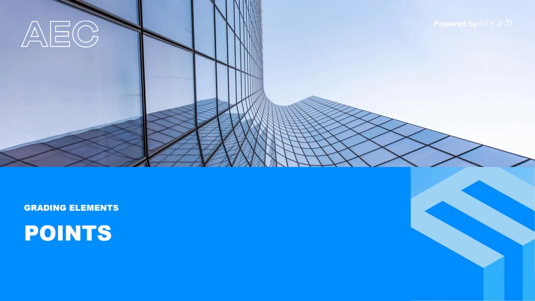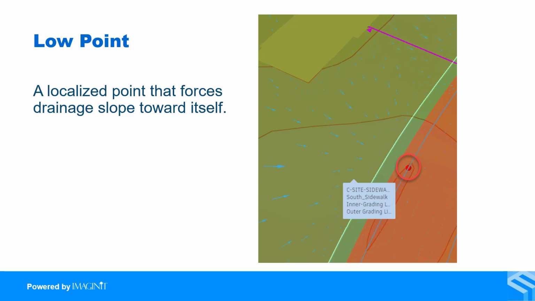What type of objects are located, or defined, under grading elements points? Low points are just like they sound. You're defining the lowest points in a localized area of your optimized grading. You can see here on the image to the right, there are slope lines turned on, so I can see that the slope is sloping toward the low point.